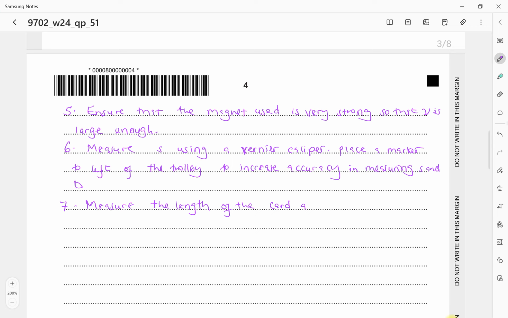Let me first edit this. Measure the length x of the card attached to the trolley. Of course, this is using a ruler.